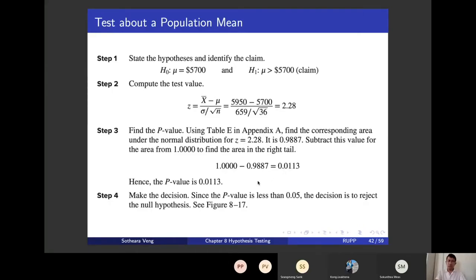So once you change the significance level to 0.01, in this case the p-value is greater than the significance level. So you come up with a different decision, right? Because now the p-value is greater than the significance level of 0.01, you do not reject the null hypothesis.